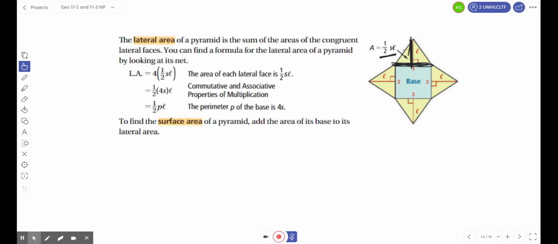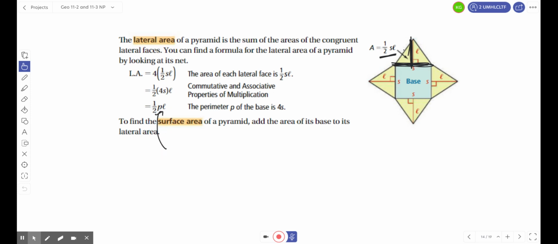And then you add the area of the base. Here they've also simplified this formula, or maybe just made it harder to understand, depending on who you are and how you think about things.